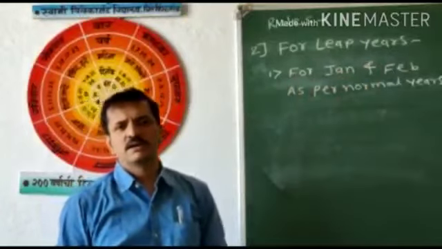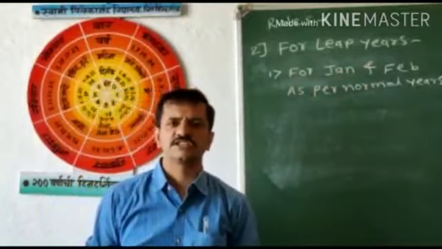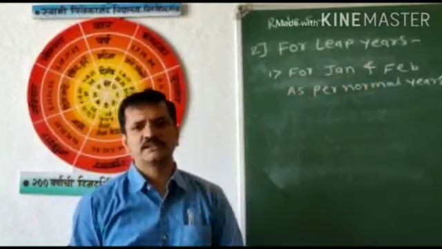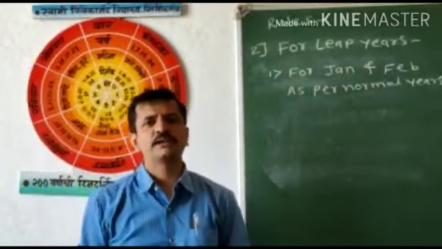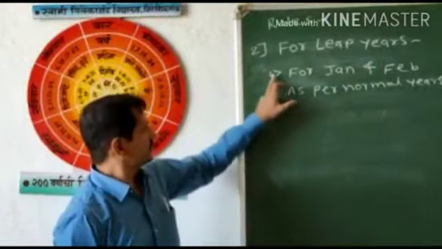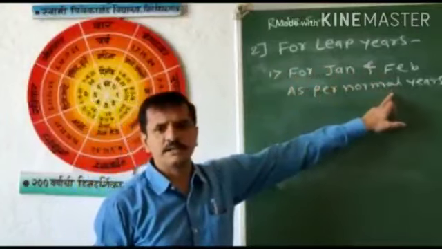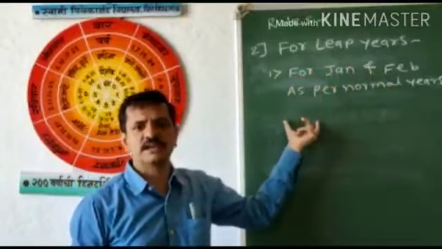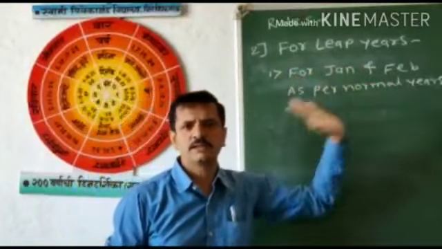Leap year means a year containing 366 days, that means the year having 29th February. For January and February we use this calendar as for normal years.